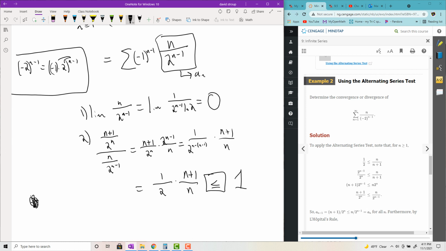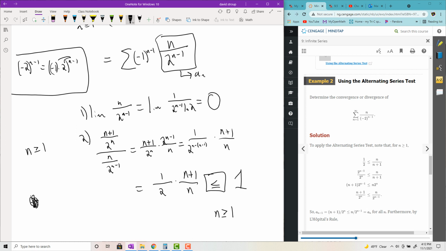If you want to prove it from first principles, you would have to start with what your n values are, right? So this is true for n greater than or even equal to 1, because we have the inequality less than or equal to 1. So you could say n is greater than or equal to 1.